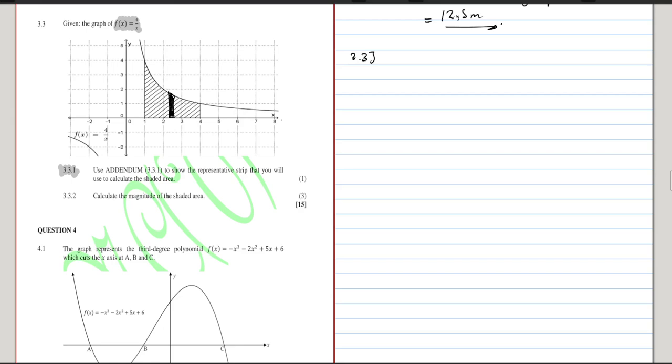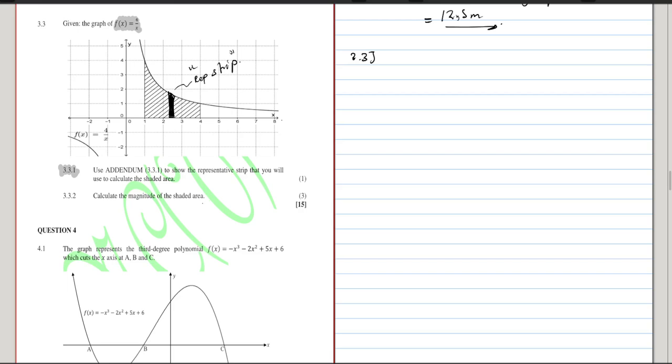So this is the representative strip. It's sort of like a portion of the graph, a strip that we use to work out the area. So calculate the magnitude of the shaded area.